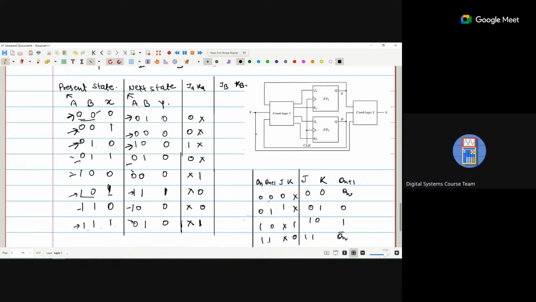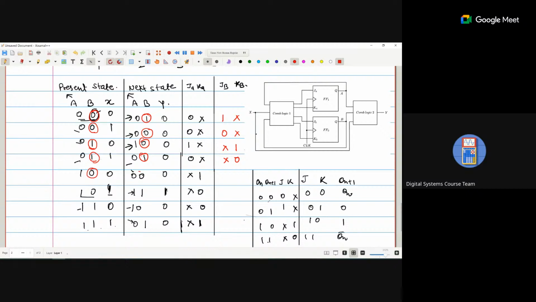Now for the JB and KB, we are considering the B. So 0 and 1, that is 1 cross. 0 and 0, it is 0 cross. For 1 and 0, it is cross 1. For 1 and 1, it is cross 0.